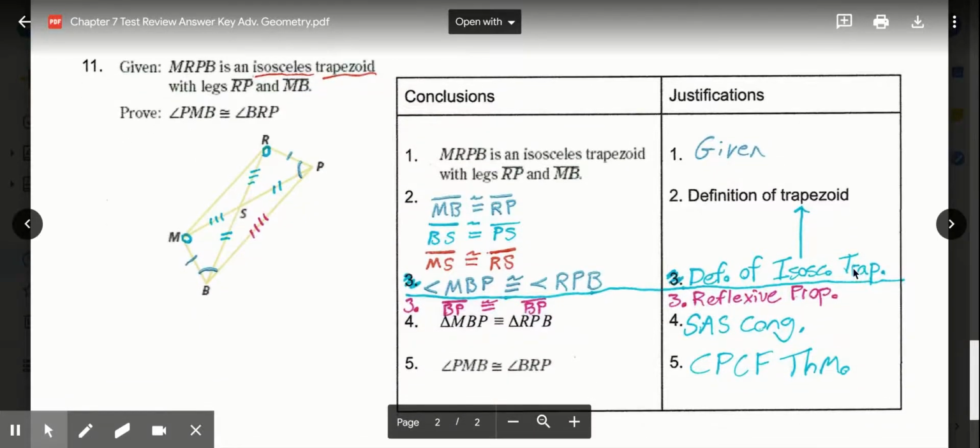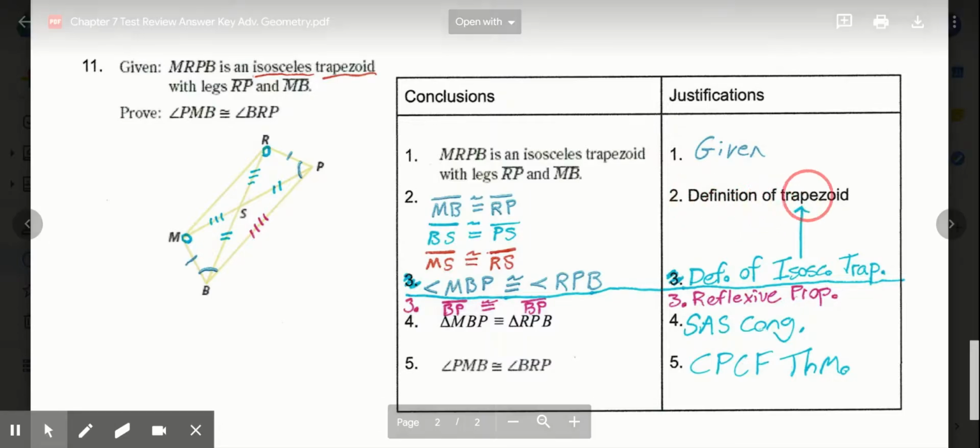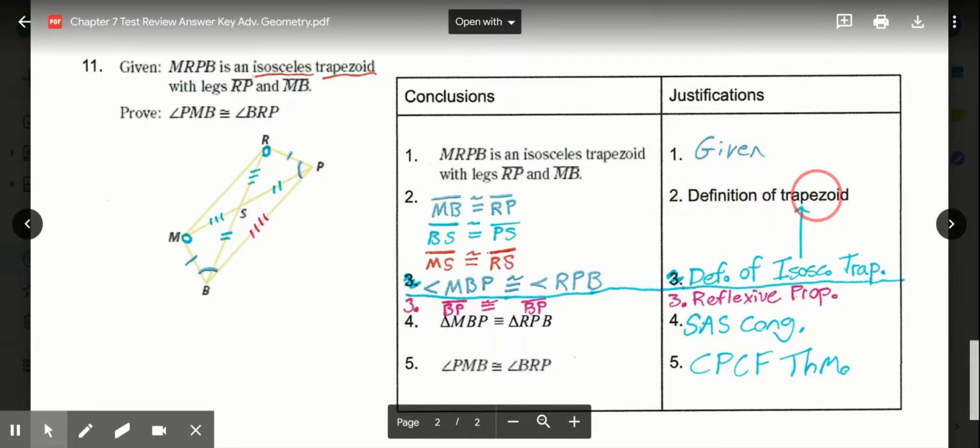Now in number 11, right away with number 2 here, I would encourage you to make this more specific and rewrite this as the definition of an isosceles trapezoid. The reason we want that to be more specific is that it also allows us to state some angle relationships.